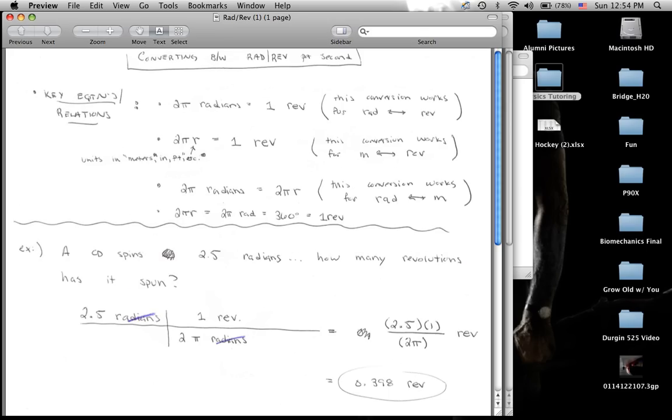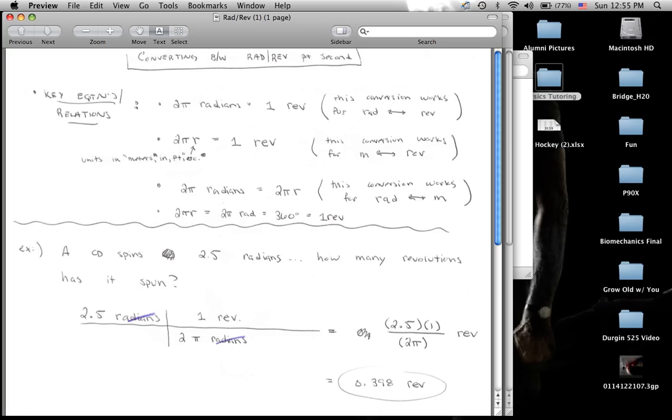Alright, so at the top here, I just wrote a couple relations, really no equations here. Just different conversion rates. I've got 2 pi radians is equal to 1 revolution, so the units here are radians and revolutions. 2 pi r is also equal to 1 revolution, where the r term is some linear term like meters or inches or feet.